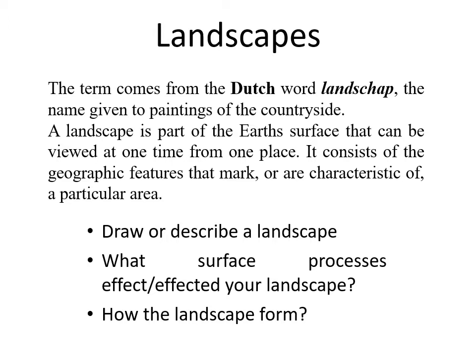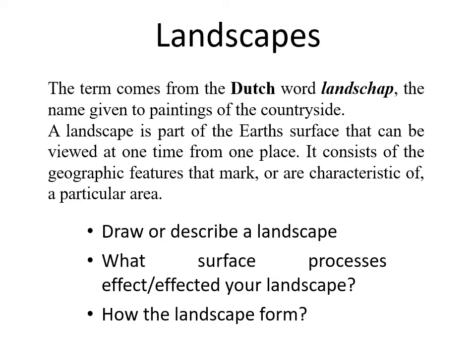Basically, this word is used by painters to draw pictures of the countryside. In many movies or cartoons, whenever you see a drawing or a painting of the European countryside, you observe that it is composed of lots of ups and downs, lots of hillocks, lots of rivers. So the countryside is not flat. There are many ups and downs.